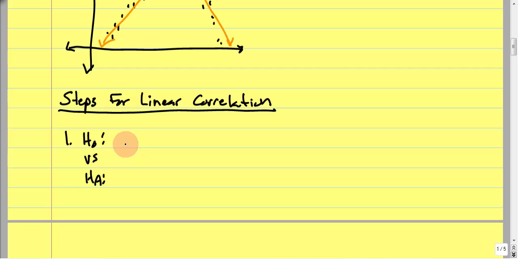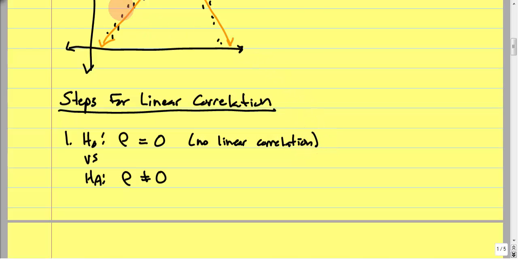So again, this is last section when we looked at the correlation coefficient rho. This is where rho equals 0 or rho does not equal 0. The case where rho equals 0 is where we have no linear correlation. If the data is not linearly correlated at all, what we do then is we use y bar for prediction.